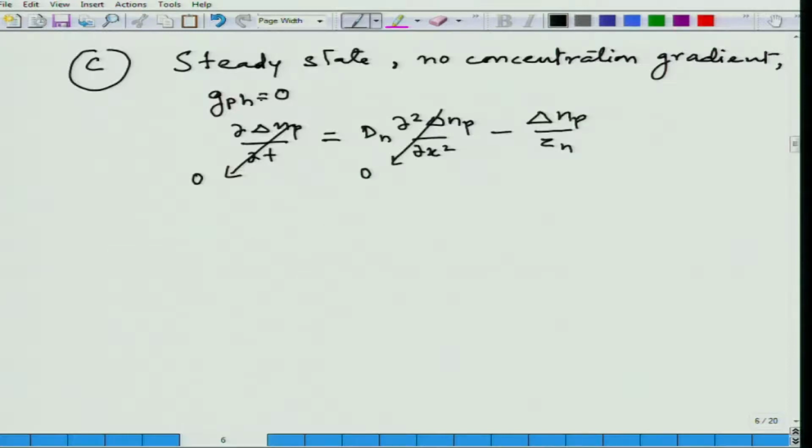No, this is wrong, sorry, the photo generation is there. So, this would be under the condition where there is photo generation, and if I look at this equation now, the solution is simply that the change in the carrier concentration is given by the amount of photo generation multiplied by the lifetime.